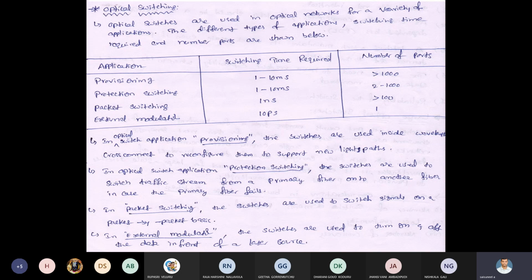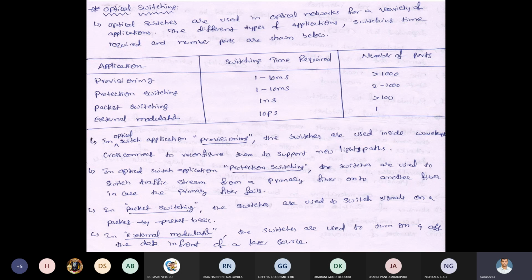The second one is protection switching. Suppose in telecommunications, I have to connect 2 paths from Tirupati to Hyderabad. One is the primary line, the second one is the secondary line. Why are you using 2 lines?